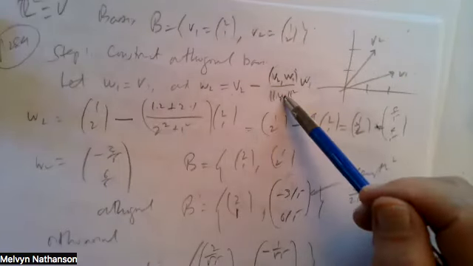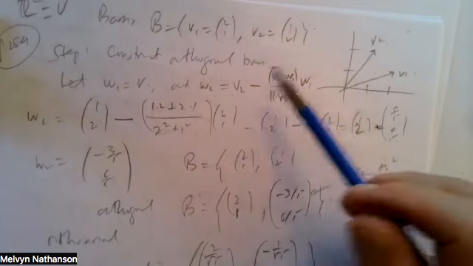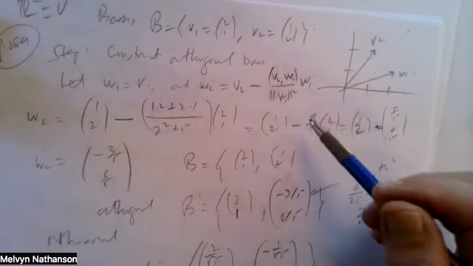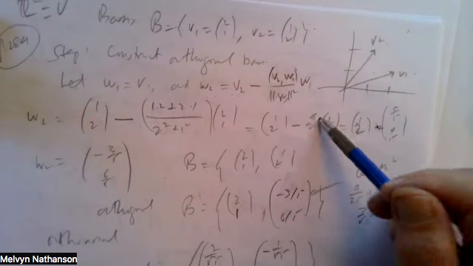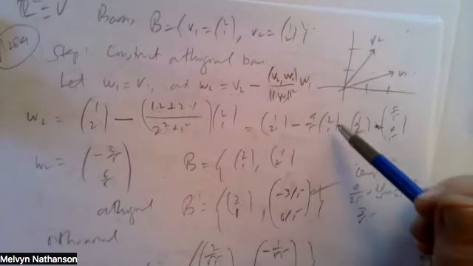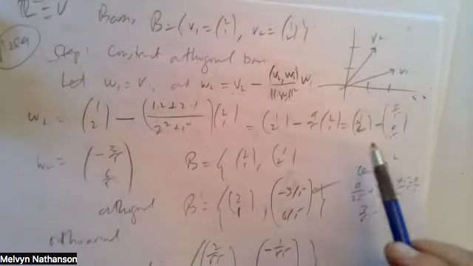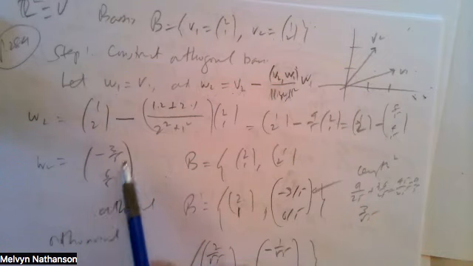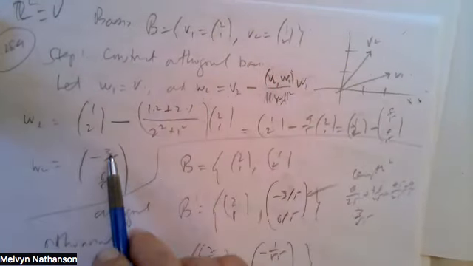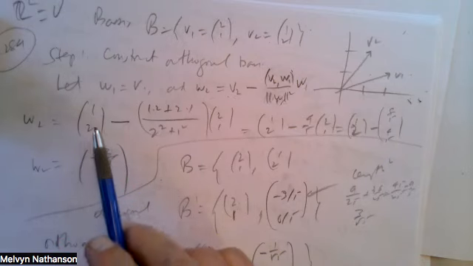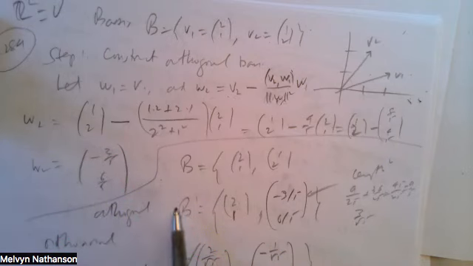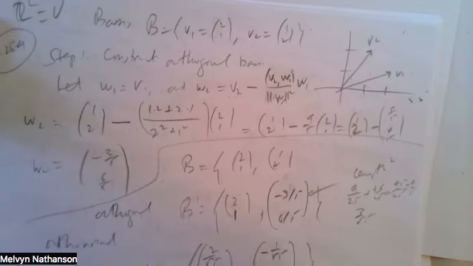And the length of this vector is square root of 5. The length squared is 5. I get 4/5 times the vector 2, 1. I subtract, and I get minus 3/5, 6/5, which is perpendicular to this. And then I divide these two vectors by their length and I get the answer.